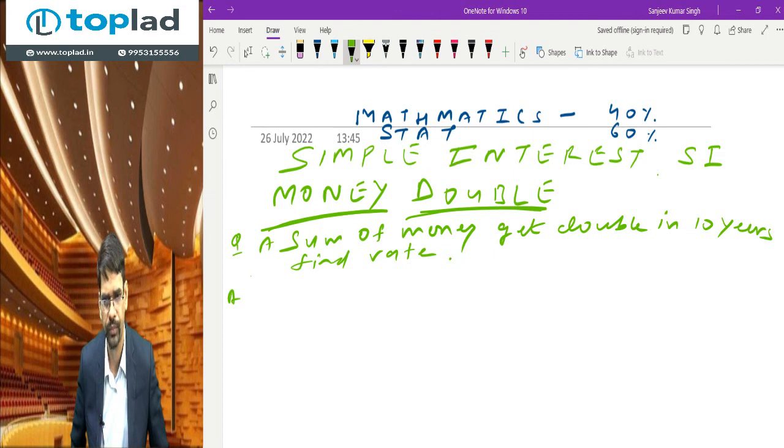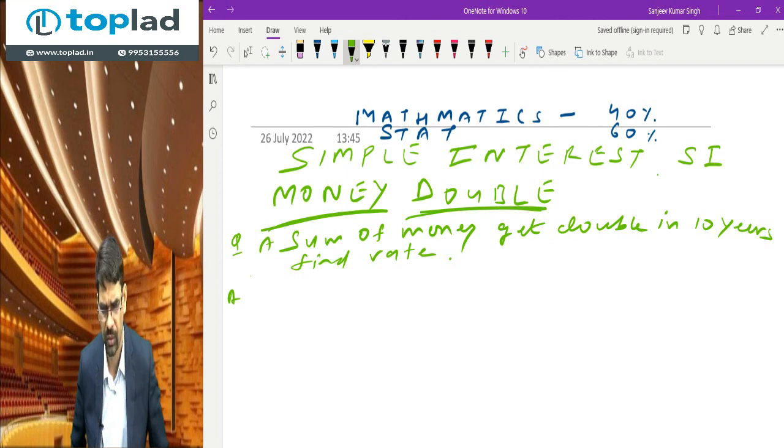Understand the simple interest chapter in a very simple manner and get tips, tricks and formulas. With the help of the formula, you solve this type of tricky question. You can't solve this question without knowing the formula. You have to remember the formula.